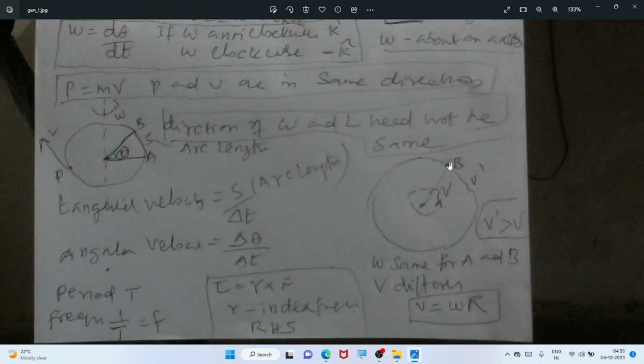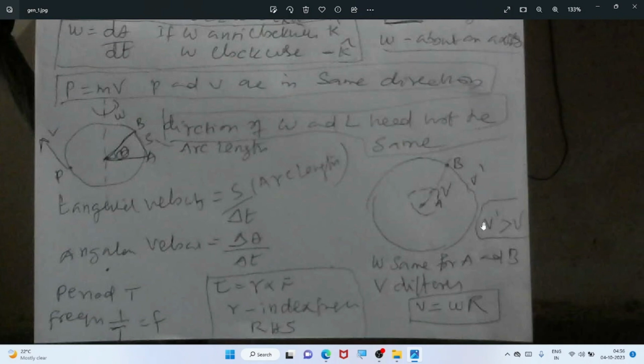That means the linear velocity of this point is more than this point, because they cover the distance in the same time, but this point covers the smaller distance and this point covers the more distance. Linear velocity here will be more than the linear velocity here, but the angular velocity is the same.